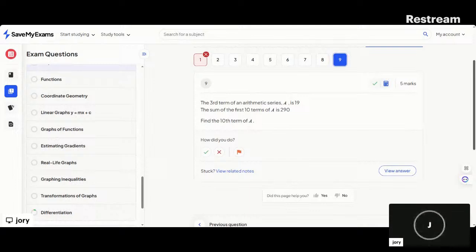We said the sum, the 290 equals n, which is 10, so 5, 2a, which is this, we just found out, 2, 19 minus 2d, plus n, which is 10 minus, it's 9d. Right, and difference.